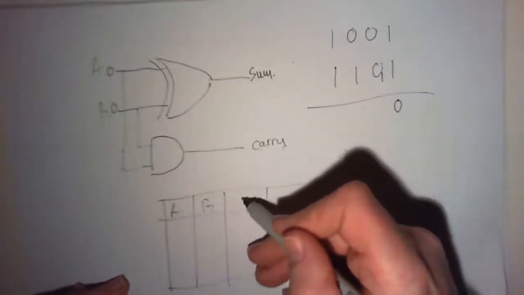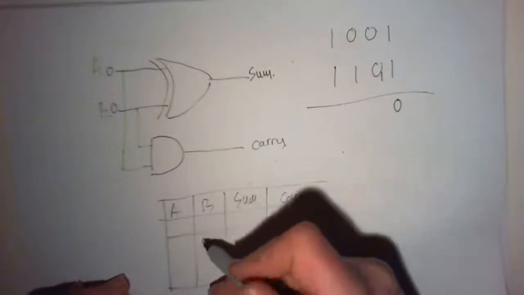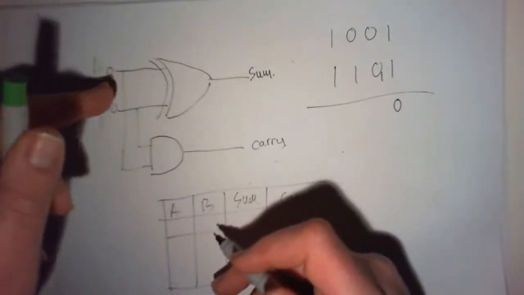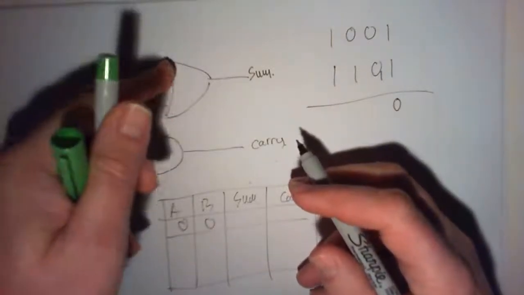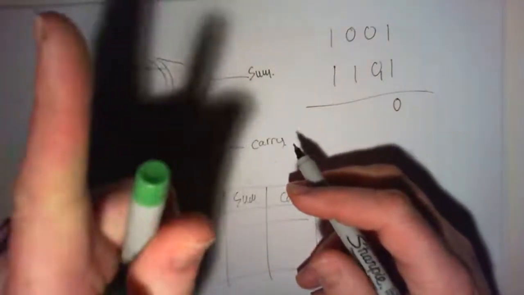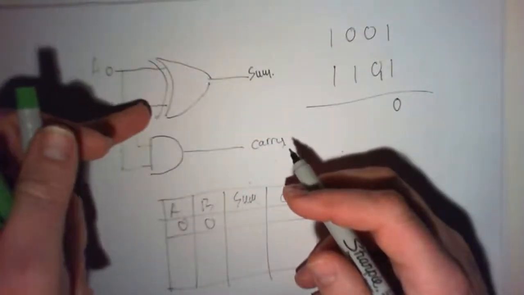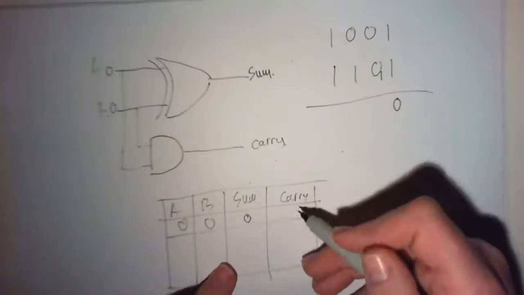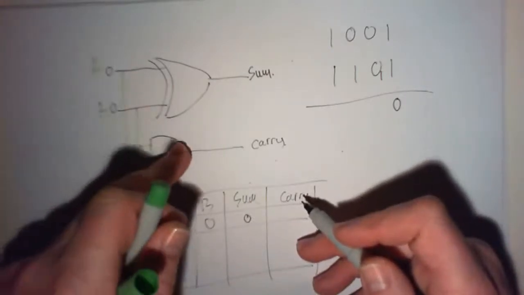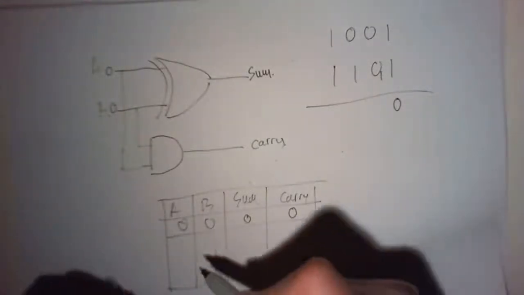So if 2 zeros go in, exclusive OR means you have to have at least a 1 or a truth going in order to make it go through. If it's 2 zeros or 2 1s, it won't work. So there's 2 zeros, so the sum is going to be 0. And 2 zeros going into an AND, you get a 0. So no harm, no foul.